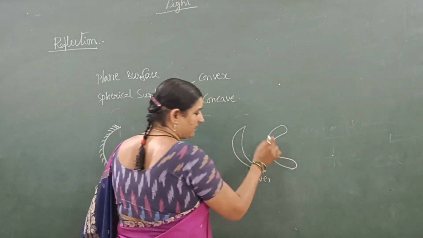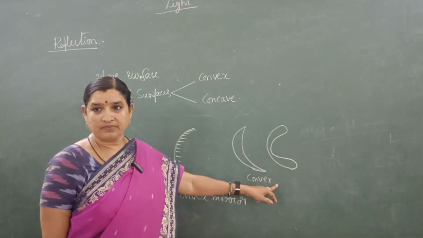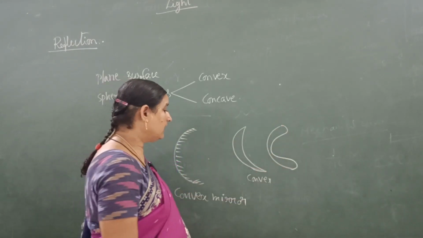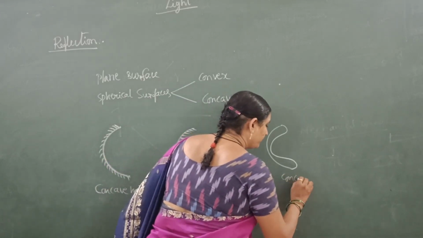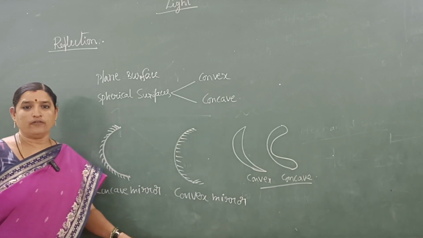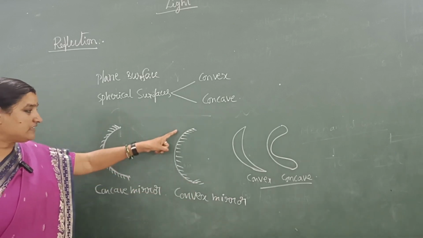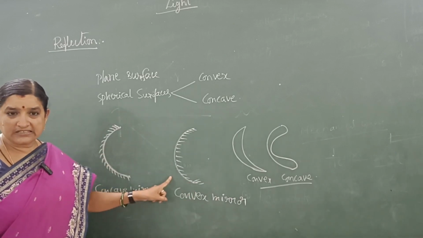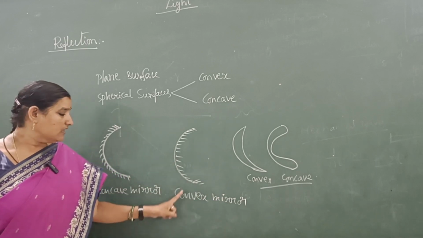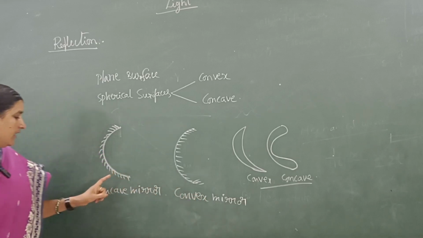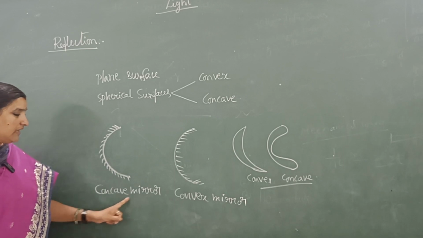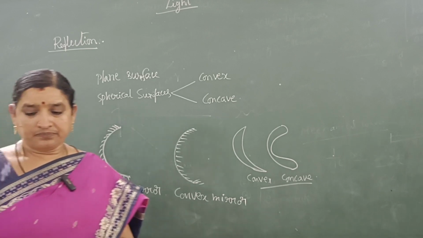If the mid portion is thin and the edges are thick, that is called concave. By touching also, we can observe whether it is convex or concave. Here the convex portion is the reflecting surface, so it is a convex mirror. Here the concave portion is the reflecting surface, so it is a concave mirror.